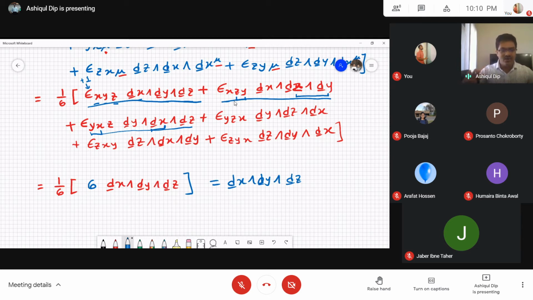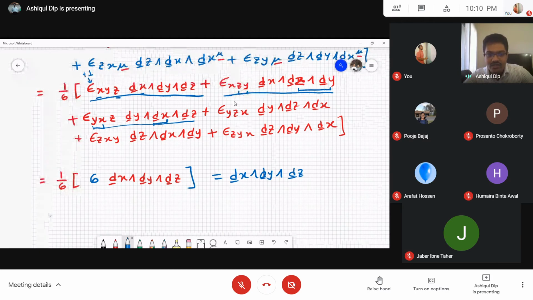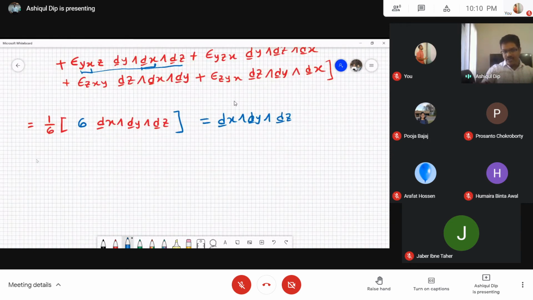Okay, just one final thing. This kind of algebra becomes really easy when you consider the symmetry inside of it. Whenever you have epsilon kappa lambda mu and dx kappa wedge dx lambda wedge dx mu, remember if you switch any two of those indices over epsilon, it gives you a minus sign, and the same thing is true for the wedge product as well.